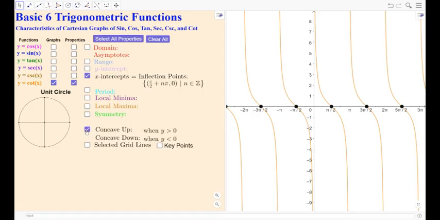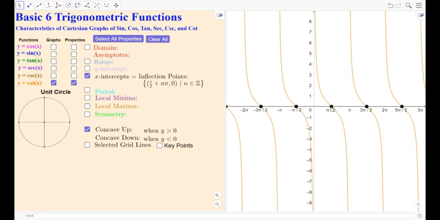Notice they are inflection points because just like tangent, secant, cosecant, and cotangent, all of them, when y is positive, the function is concave up, and when y is negative, the function is concave down. Where it crosses the x-axis is the inflection point. They are ordered pairs. It crosses the x-axis, so we know the y-coordinate is 0. What about the x-coordinates?